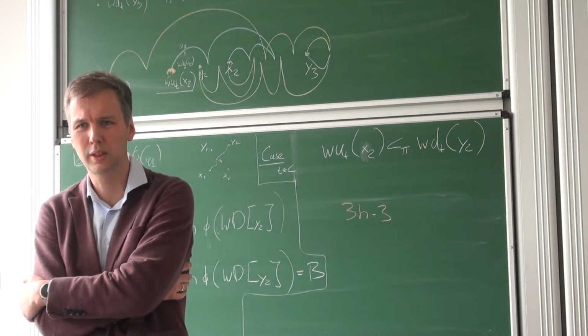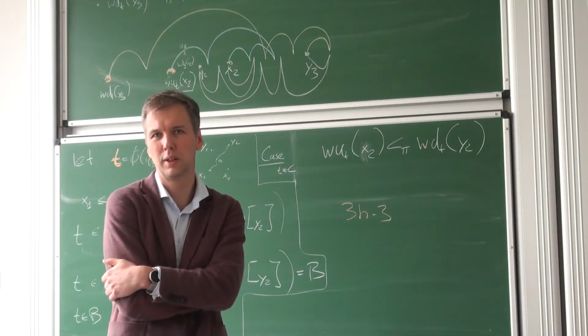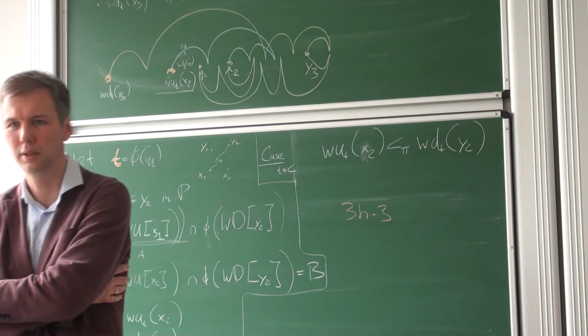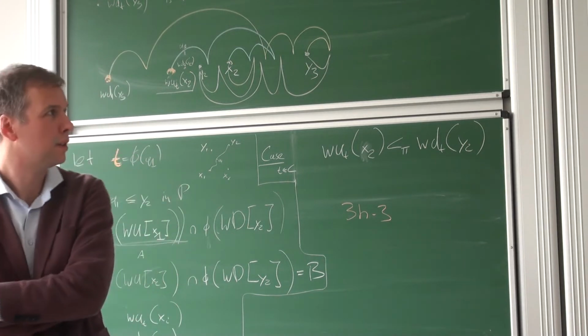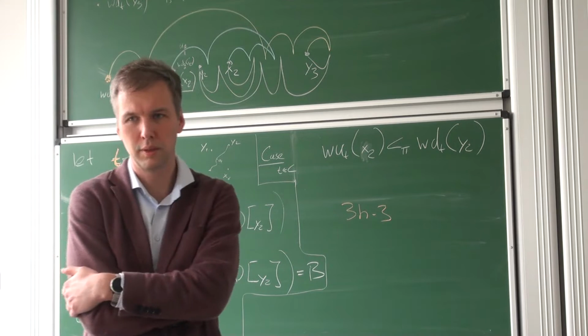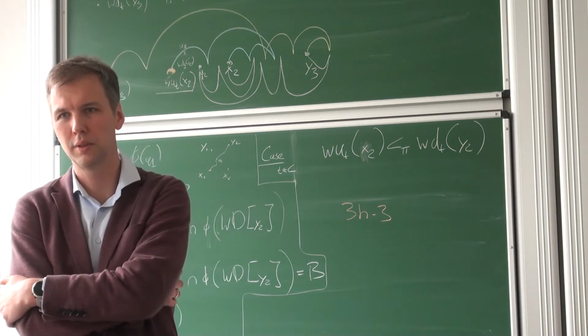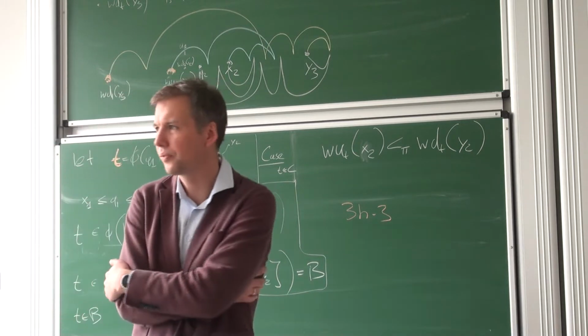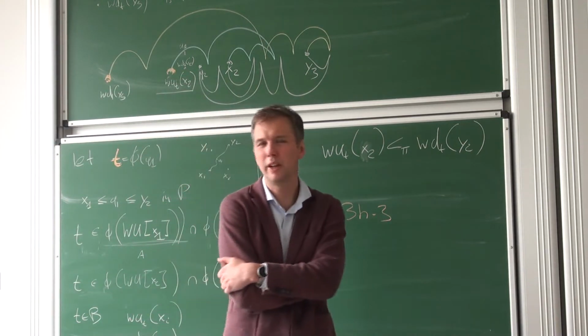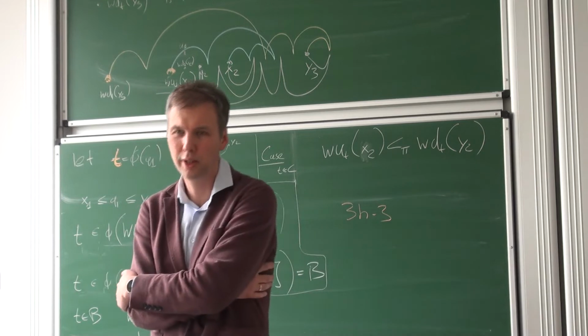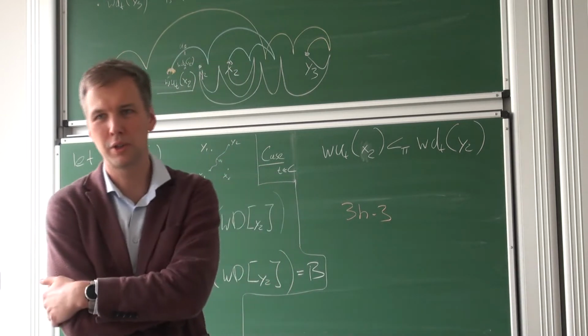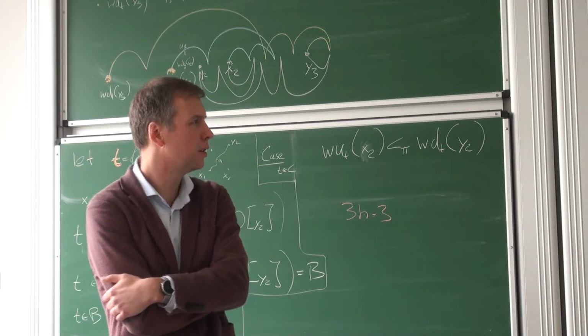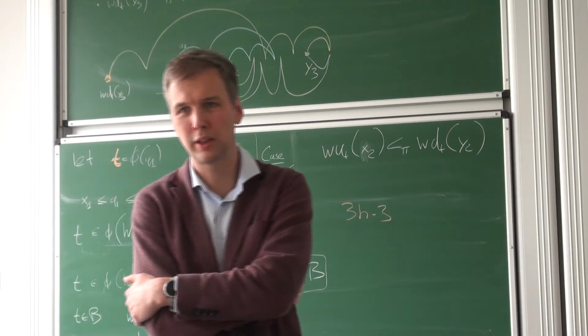Yeah, so I guess 2 questions. If you, instead of looking at the weak coloring number of radius 3h minus 3, look at it of just h minus 1, presumably this isn't enough? Yes, I remember I was trying to understand which weak coloring number I need to take.